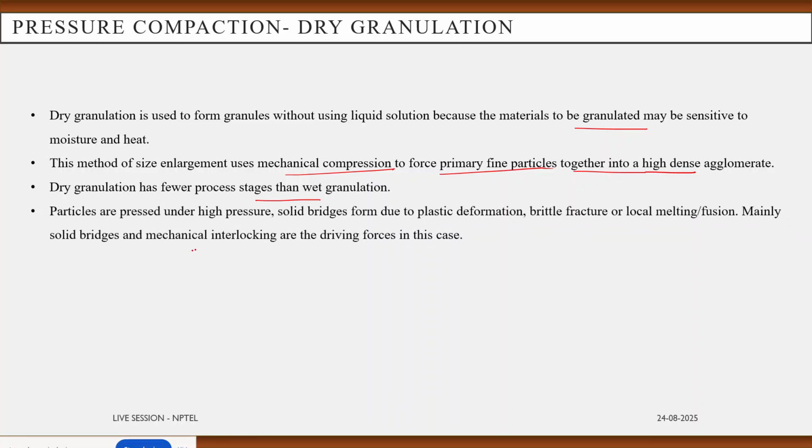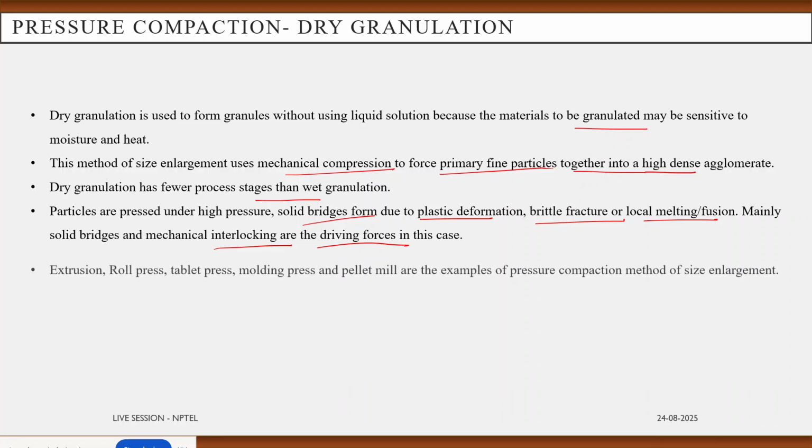And particles are placed under very high pressure. Solid bridges are formed due to plastic deformation, brittle fracture, or local melting and fusion, and mainly the solid bridges and the mechanical interlocking are the driving forces in this case.